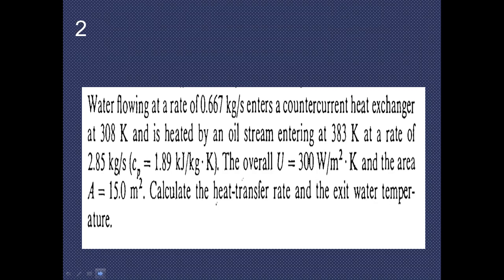The Cp of the oil is given as 1.89 kilojoule per kilogram Kelvin. The overall heat transfer coefficient is 300 watt per square meter per Kelvin, and the area available is 15 meters squared. Calculate the heat transfer rate and the exit water temperature.